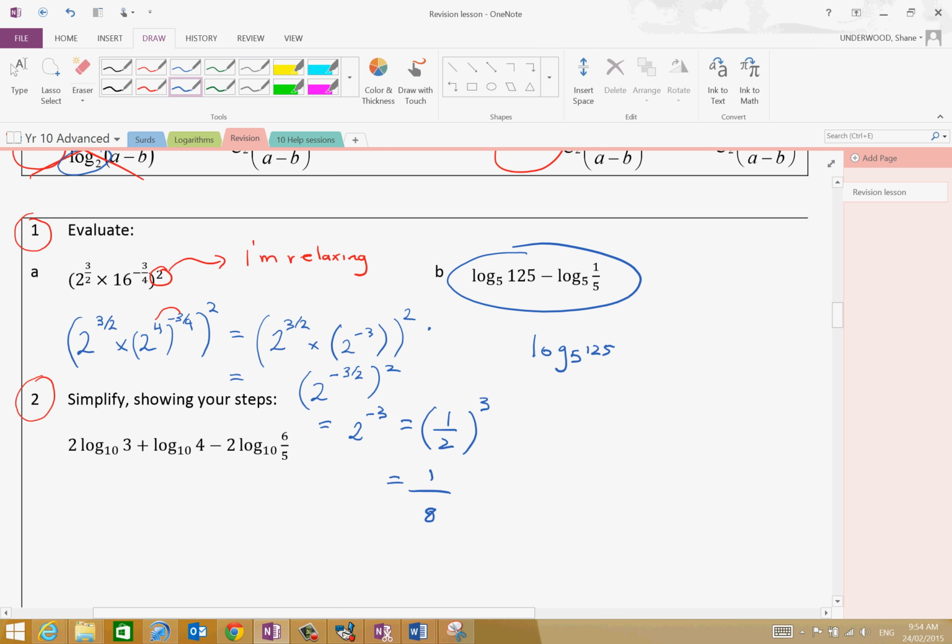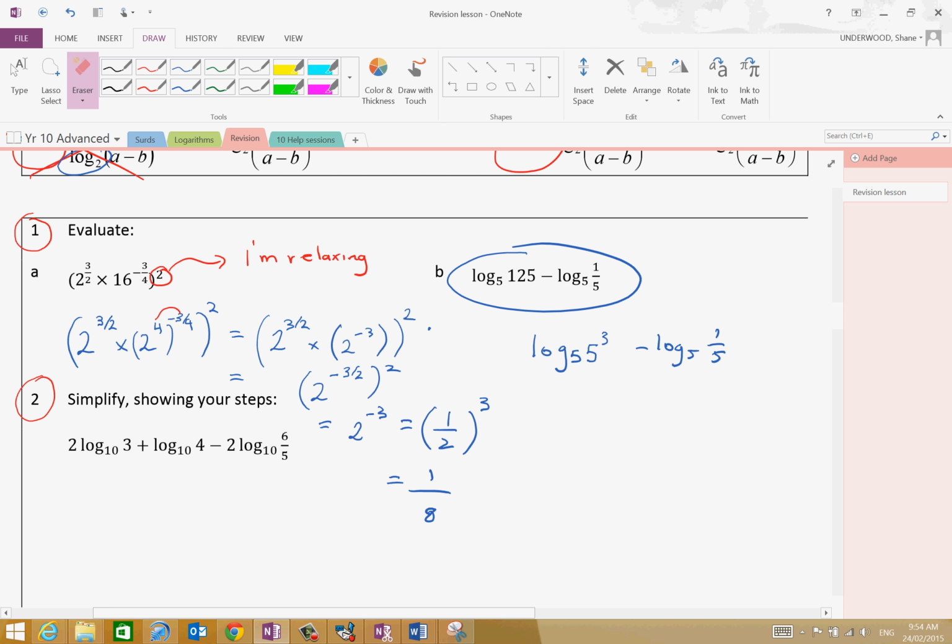Log 5 of 125 minus log 5 of 1/5. Well, I've got a base of 5, so the first thing I want to see is if I've got something like 5 to the power of something. As it turns out, 125 is 5 to the power of 3.